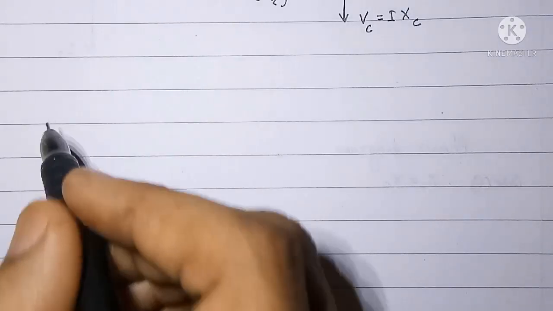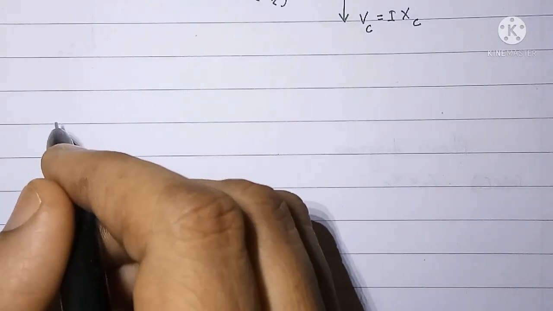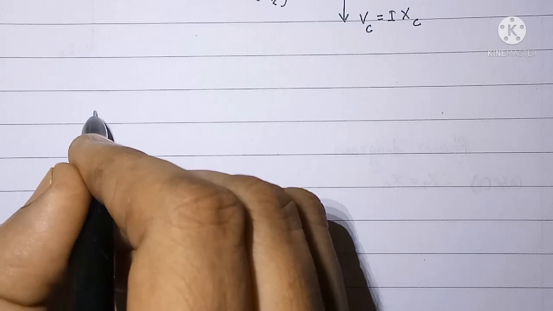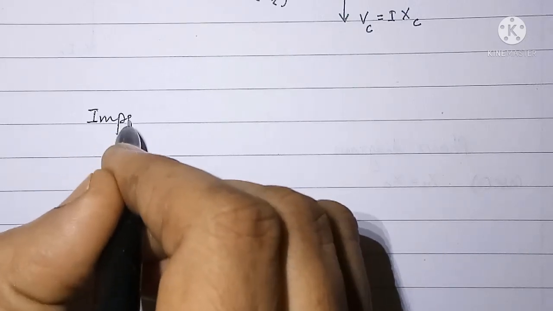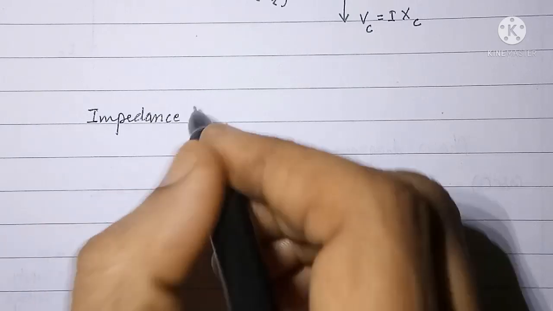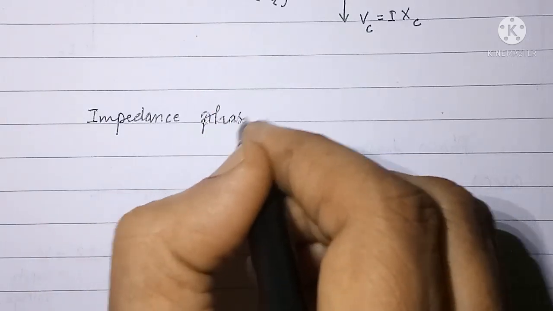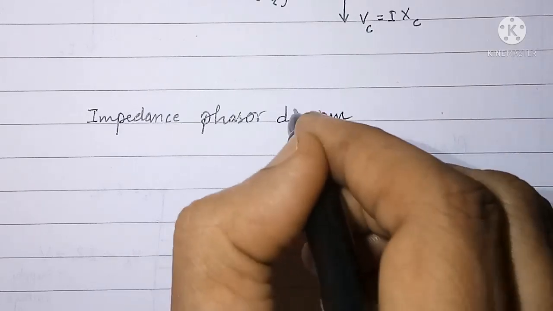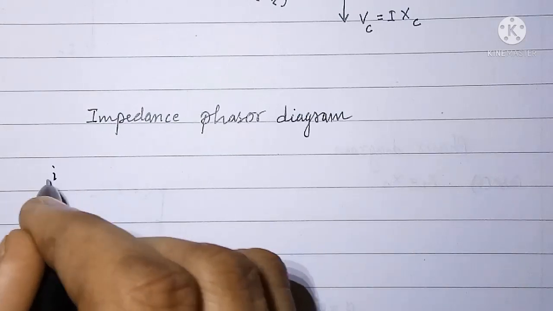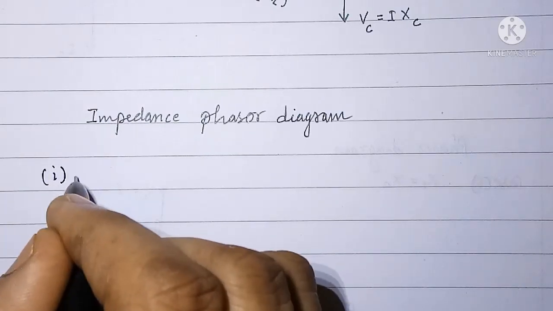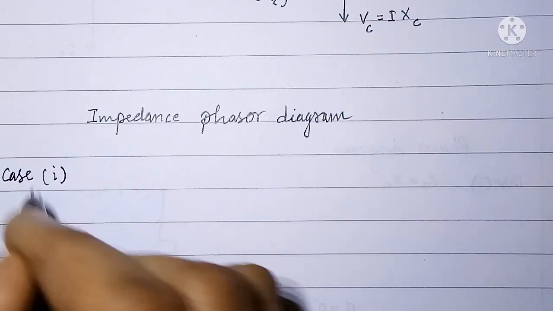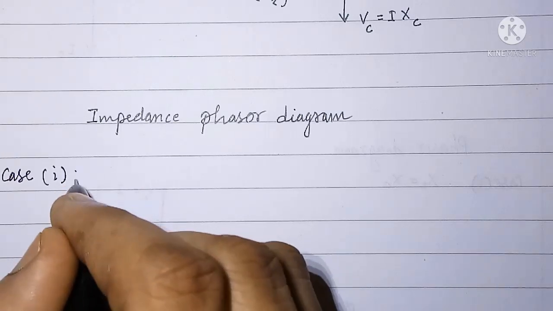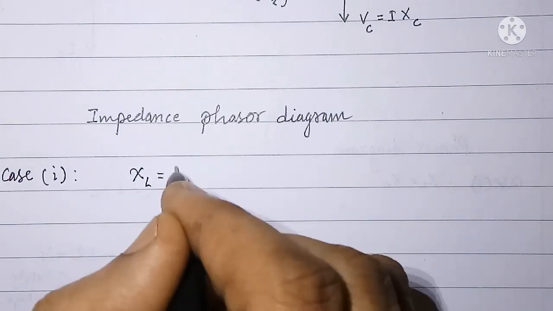In the same way, we can draw phasor diagram for impedance. Case 1, XL equal to XC.